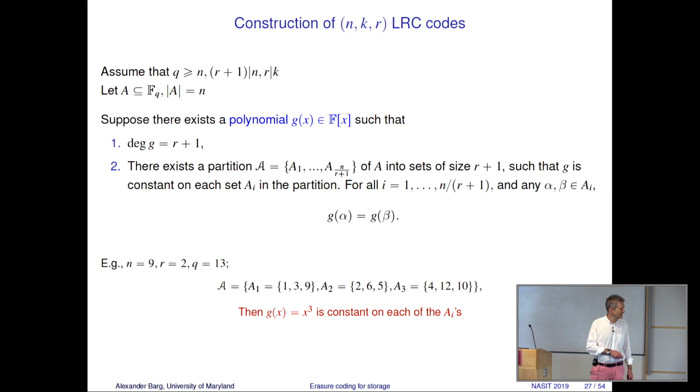For instance, the polynomial x cubed is constant in our example on the chosen repair groups. 1 cubed is the same as 3 cubed, which is the same as 9 cubed mod 13. 3 cubed I can still compute, it is 27, and that's indeed 1 mod 13. And 9 cubed, I checked that at home, that's also 1 mod 13. You can check that x cubed is also constant on this set and on this set.